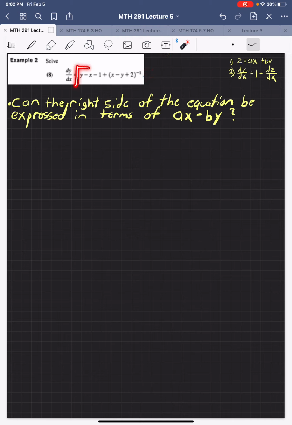Now the real question is, can we manipulate the right side of this equation so that you can have it expressed in terms of z is equal to ax plus by? In other words, I need to be able to sub in a z everywhere over here, instead of having these x's and y's. So how could we possibly do that? Well, let me just go ahead and write the thing that we're working with.